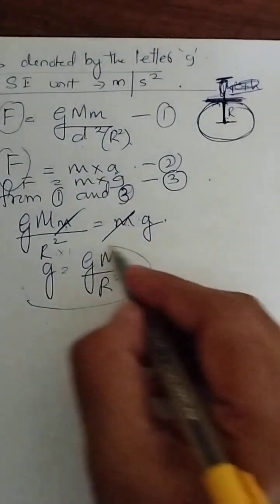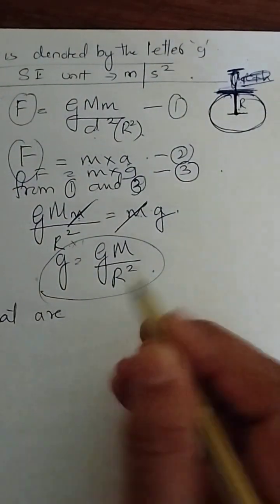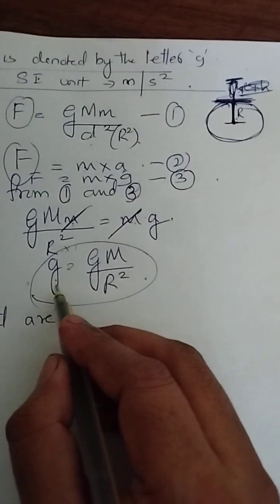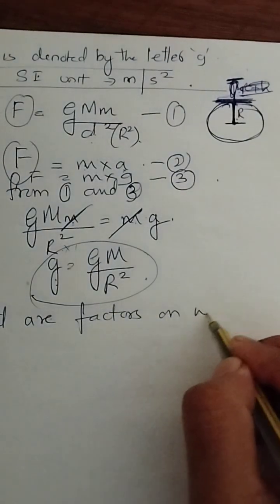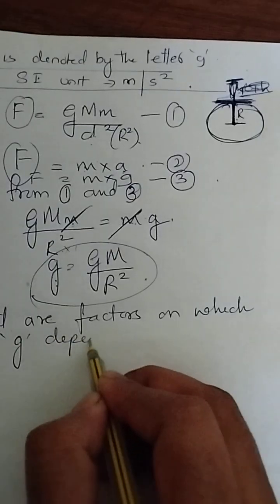Here they may ask you a question: what are the factors on which g, that is acceleration due to gravity, depends?